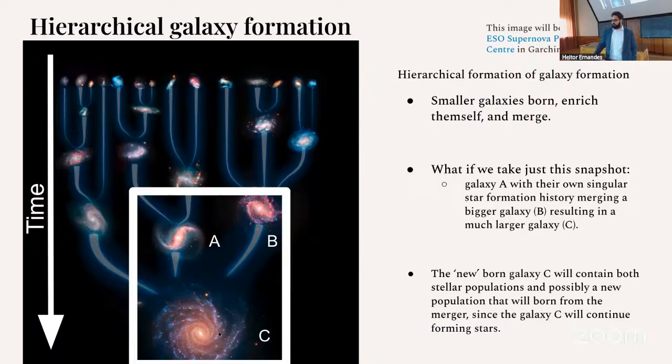What we see today in the Milky Way is the result of all these mergers, resulting in a bigger galaxy. However, can we trace back, can we see galaxy A within C, or recover the original galaxy B?